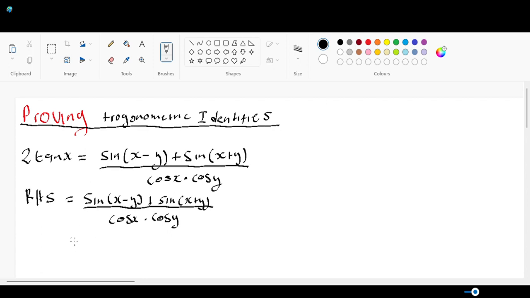Now, when you look at the numerator of this expression here, guys, these are the compound identities. As you can see, we have sine x minus y. That is the compound identity, guys. If you don't remember the compound identities, I made a video about them whereby I derive them as well.